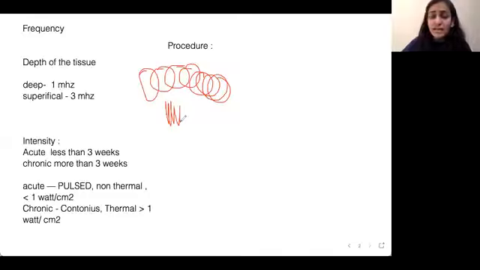Now, the direct coupling agent we know is a gel. We apply the gel to the transducer head, then place it on the skin, and then turn the machine on. But direct coupling is not always used. Sometimes we use something called the underwater technique. When do we use it?